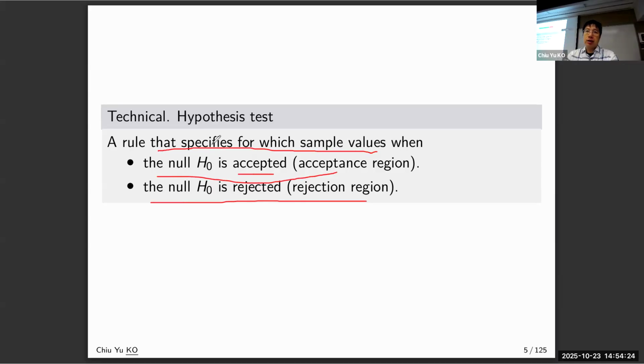For example, in the murder case, if the guy is not in the same country on the day that the murder happened, usually you're not at the scene, then you are not there.